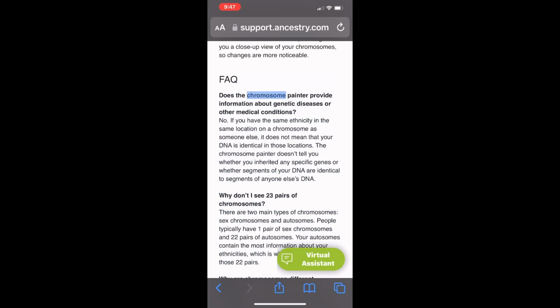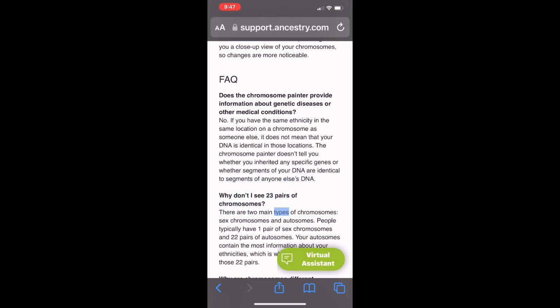FAQ: does the chromosome painter provide information about genetic diseases or other medical conditions? No, if you have the same ethnicity in the same location on a chromosome as someone else, it does not mean that your DNA is identical. In those locations, the chromosome painter doesn't tell you whether you inherited any specific genes or whether segments of your DNA are identical to segments of anyone else's DNA. Why don't I see 23 pairs of chromosomes?